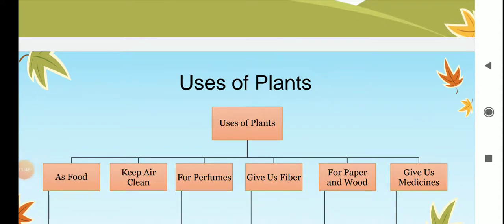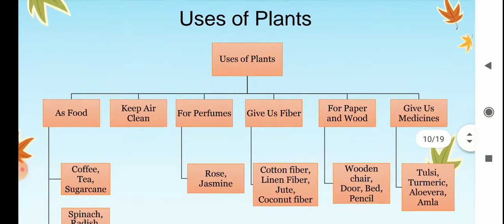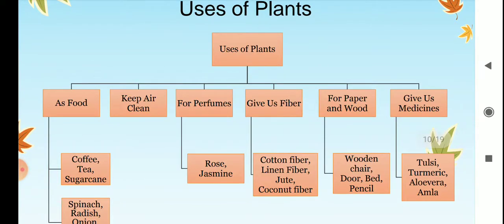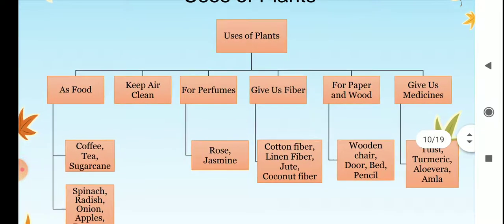Yes, plants help us for different purposes, and some of these purposes are as food. They help keep the air clean. Sometimes from plants we get perfumes, sometimes they give us fiber, which helps to make clothes.